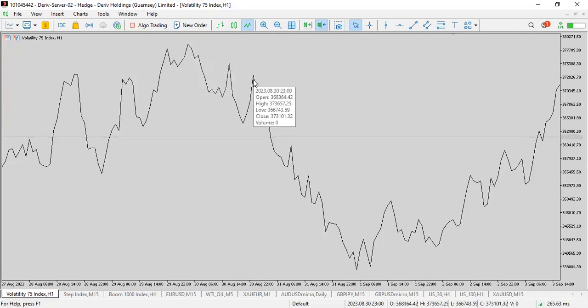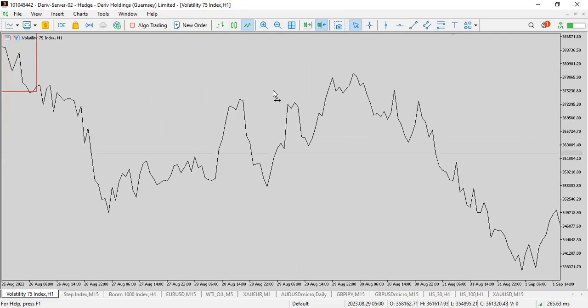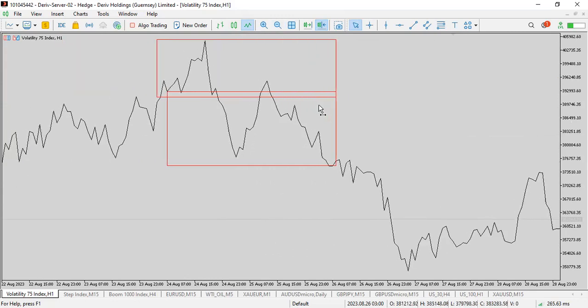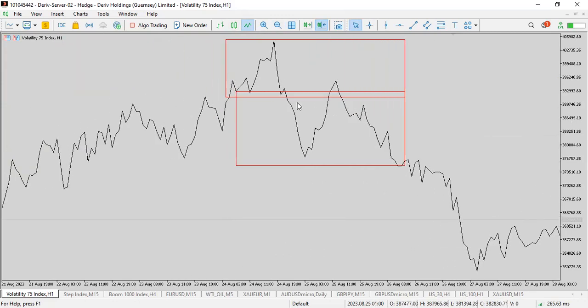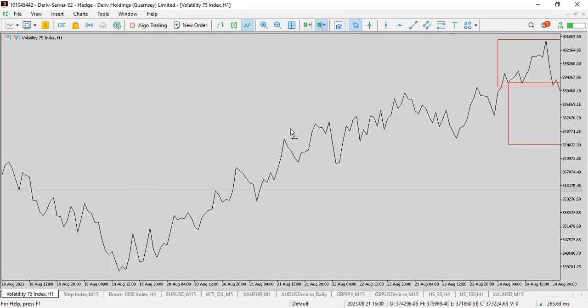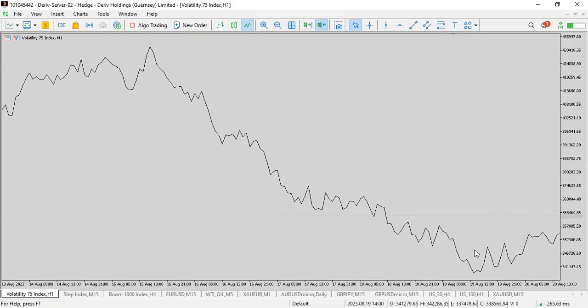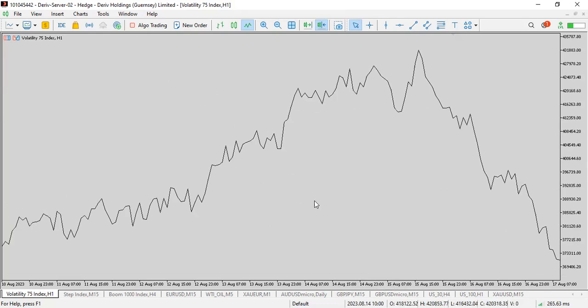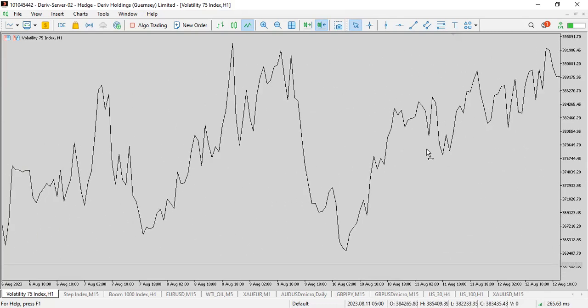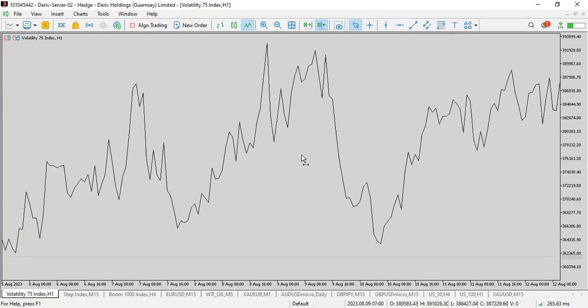Irregular stuff. 3-step descending or down. 3-step descending. 3-step ascending here. So you can just focus on the one that you can master very well.